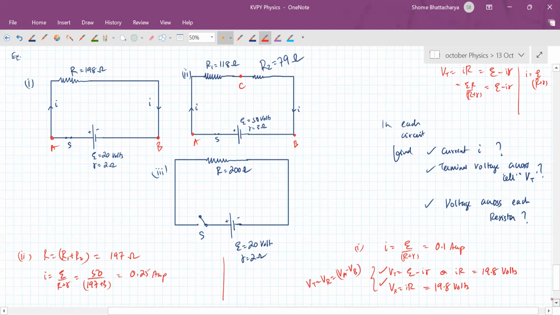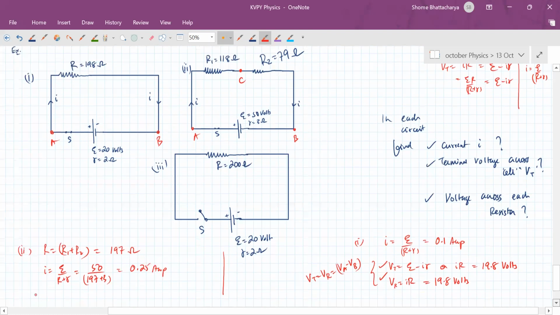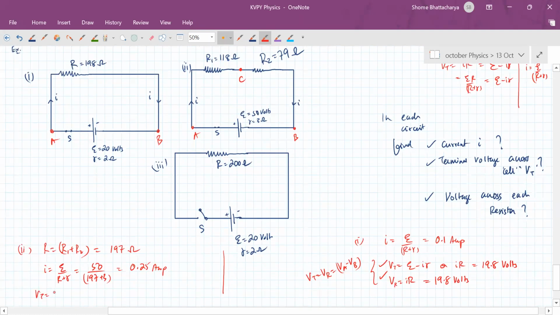So now you can see that the terminal voltage across the battery is E minus Ir, or that's the same thing as I capital R. So terminal voltage will come out to be this much.